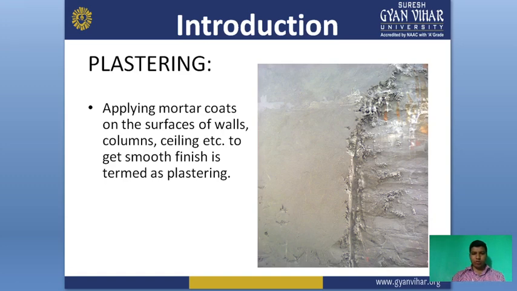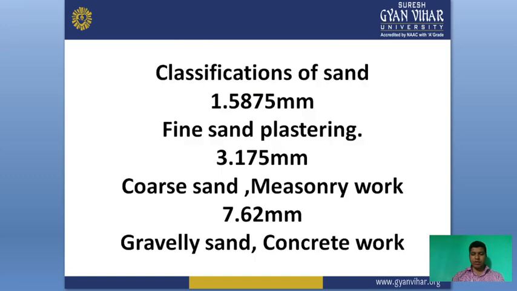We also do the plastering in our home on the wall for a better surface and smooth finishing. This process is known as the plastering process. As you know, the plastering is made of some components like sand, water and cement, which are used for making the plaster.